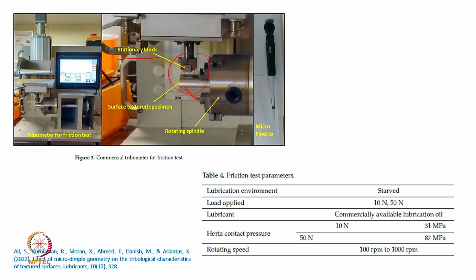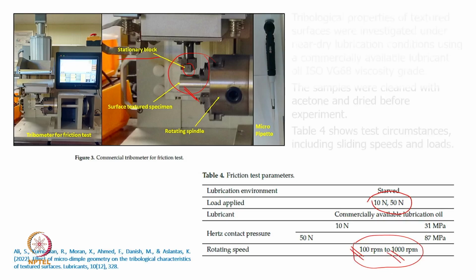and then with a load it can be set on the rotating shaft. In this case they apply two loads, basically a 10 Newton load in one situation and a 50 Newton load in another, and then they use different rotating speeds, 100 rpm to 1000 rpm, so that the Stribeck curve can be plotted easily.